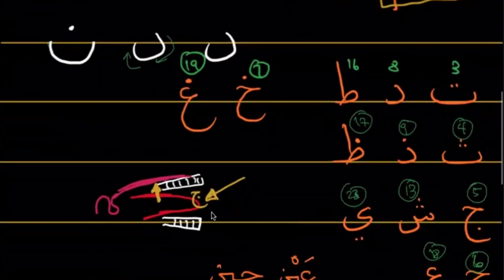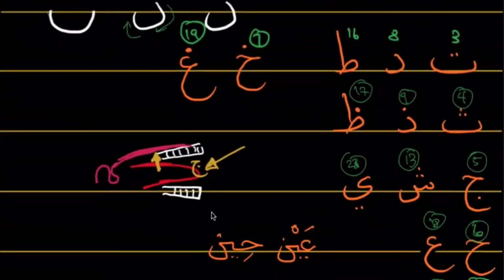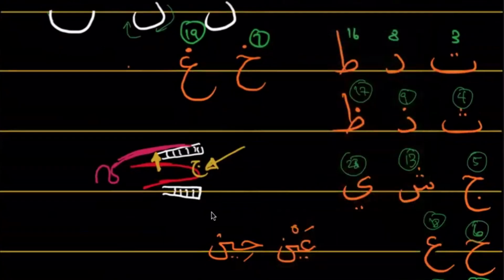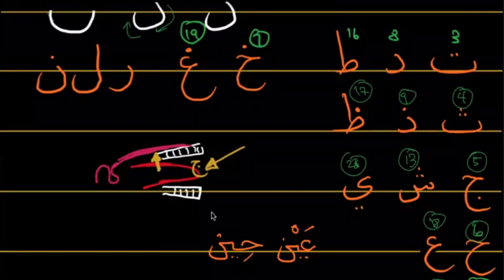Letter Ra. Does Ra have any sisters? Yes. You have Ra and also Lam and Noon. Ra and Lam are like the reverse of each other. When you say Ra, your tongue goes back. When you say Lam, your tongue goes forward. La, la, la, Lam. Ra, ra, ra, Ra.